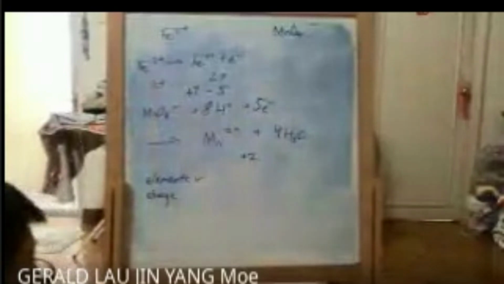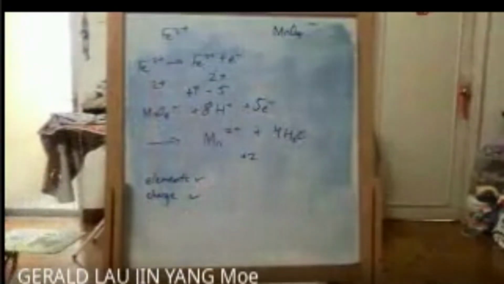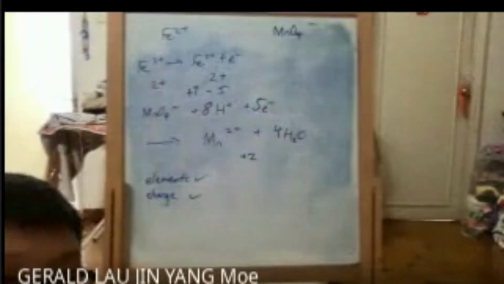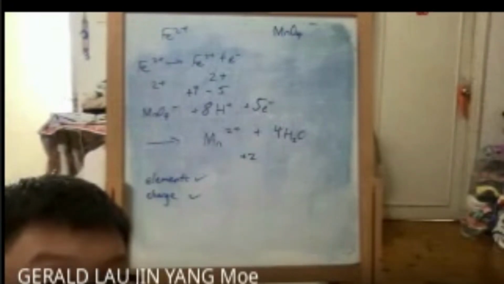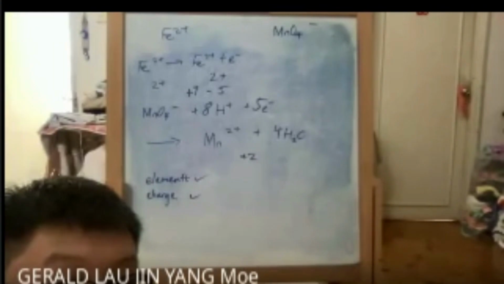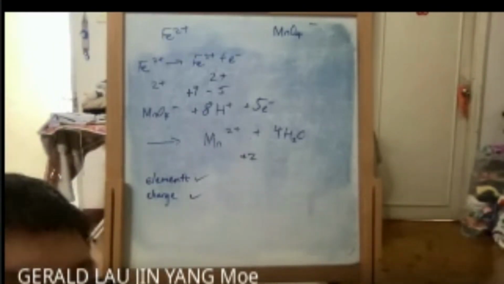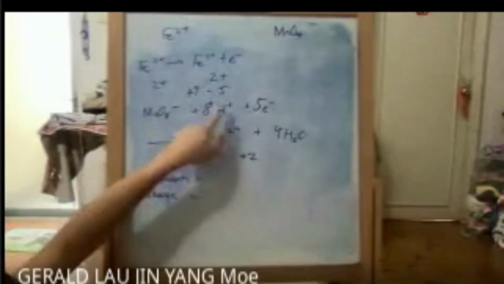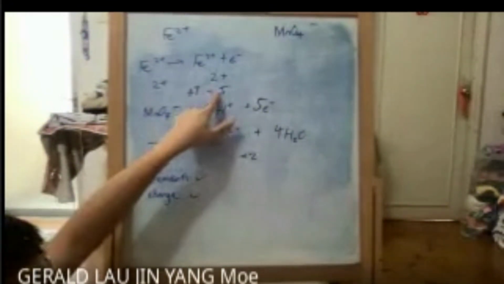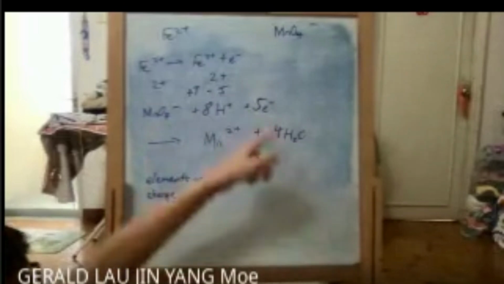Can you understand? This is how you balance: start with the elements, then go to the charge. Now the charge is balanced.